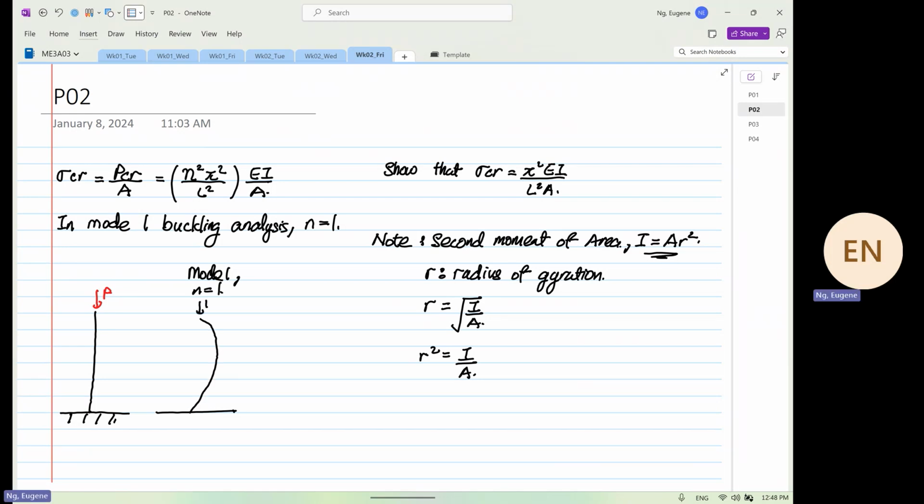This is where you have your P. Mode 2, you have your load P. This is the other mode.